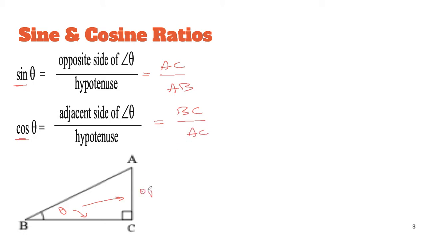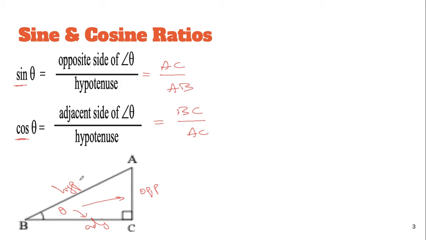So this is the opposite side, this is the adjacent side, and this is the hypotenuse. We define sine theta as opposite side by hypotenuse and cos theta as adjacent side by hypotenuse.